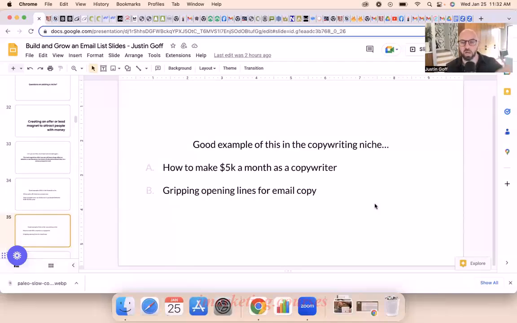It's not going to appeal to anybody who's already making 10K a month as a copywriter, which is really the people you'd want on your list. Whereas with the second one, gripping opening lines for email copy, anybody who's new probably won't even understand what that is. But if you write email copy every single day, that might be pretty appealing to you. So you're going to get a much more dedicated buyer or lead with that type of lead magnet.